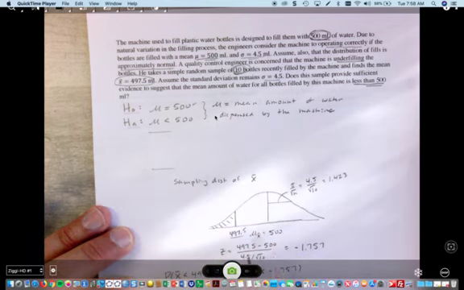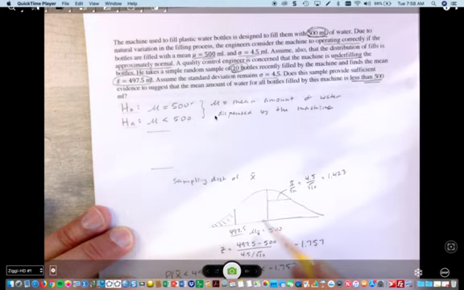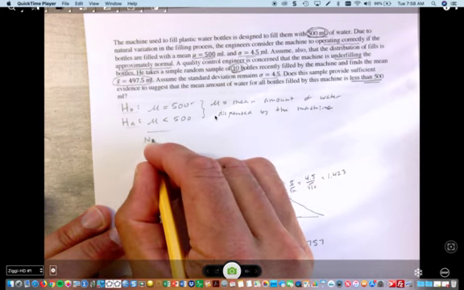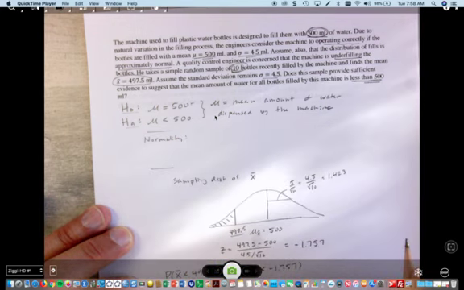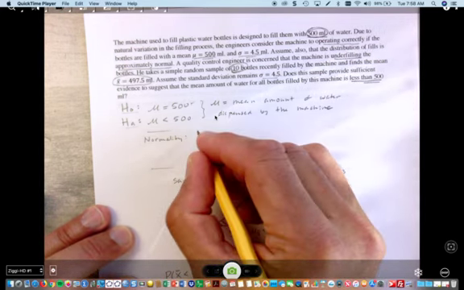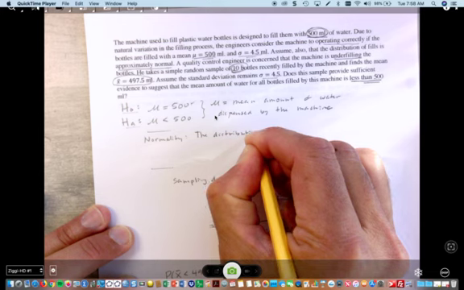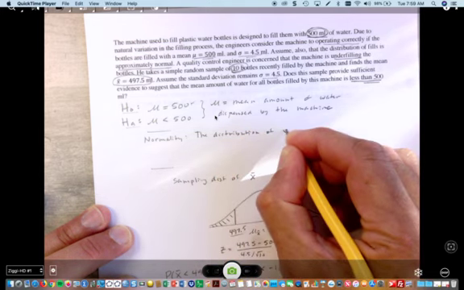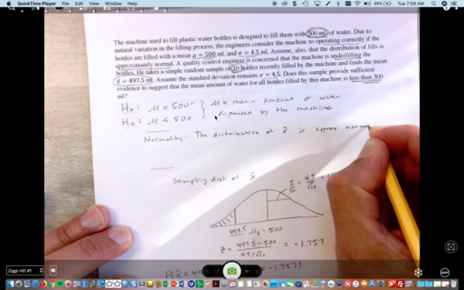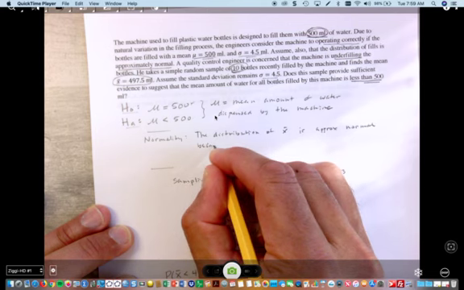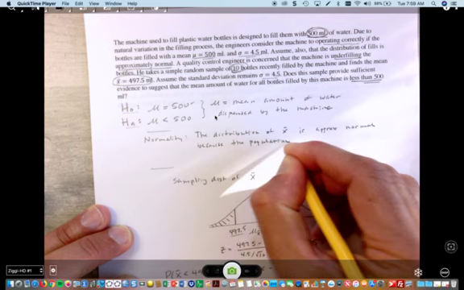Another detail I want to fill in is the conditions that allow me to get from here down to the sampling distribution. There's a normality condition that we need to check, and we're going to say that the distribution of x bar is approximately normal because the population is approximately normal.